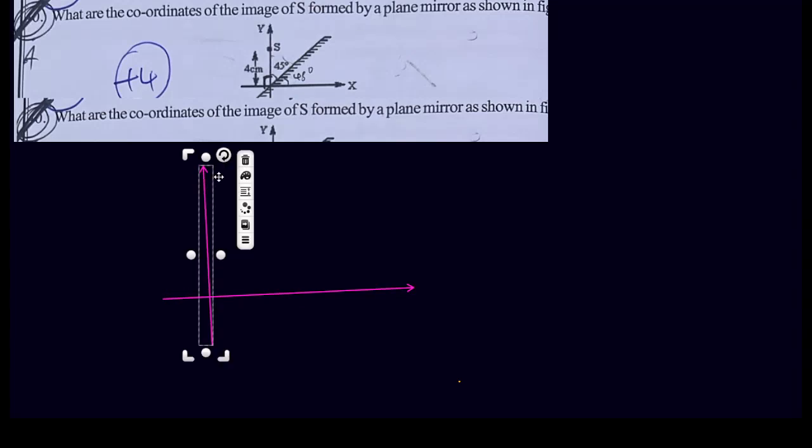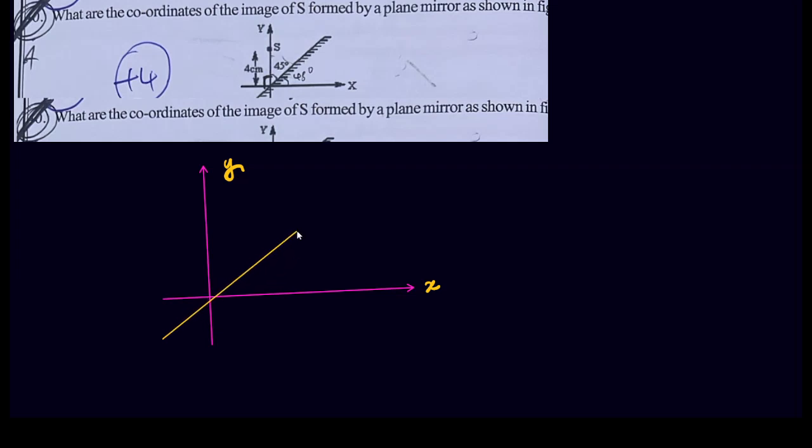Okay, fine. First, what we can do here: for the image, the perpendicular distance from the mirror to the object must be the same. Here are X and Y. This is a mirror.